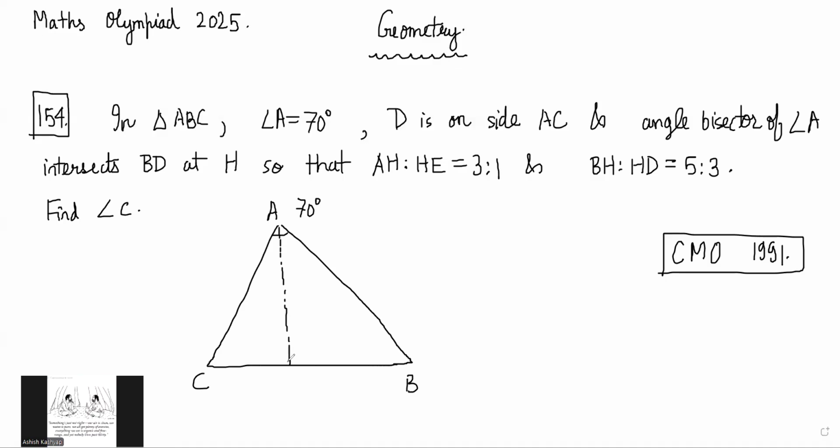AE intersects BD at H. So there is a line BD. This is H, this is E. And we know AH by HE is 3 is to 1 and BH by HD is 5 is to 3.